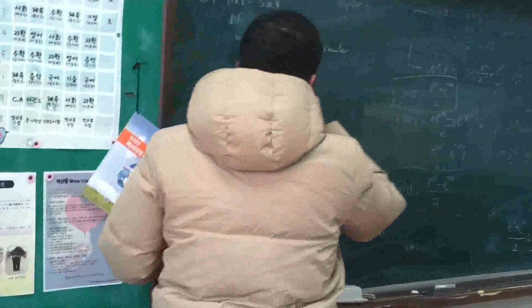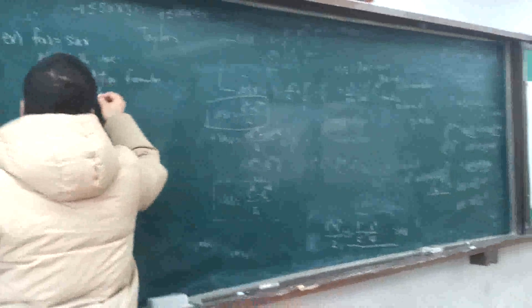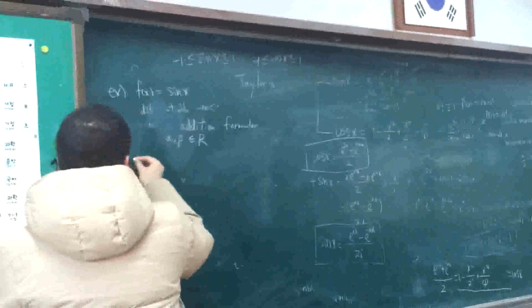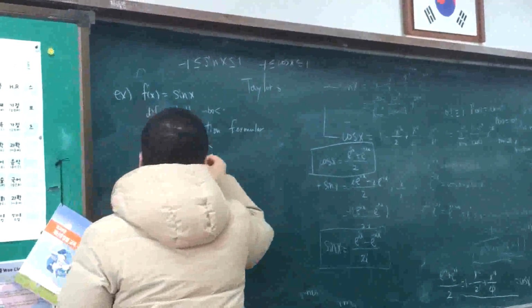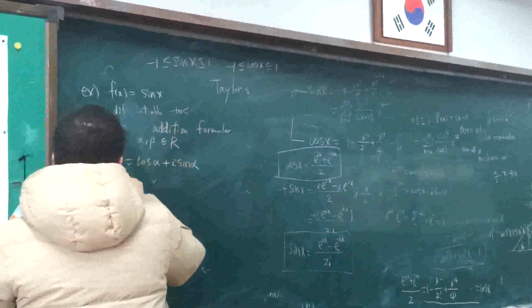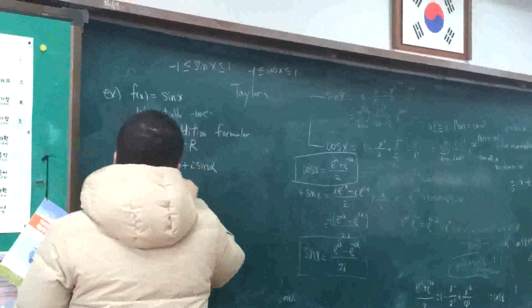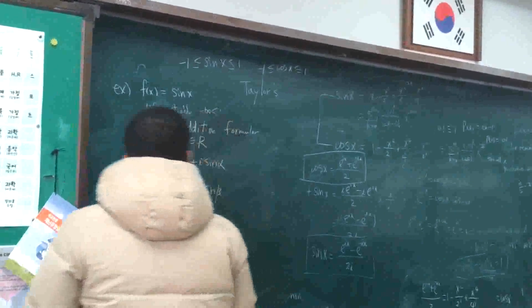Let's say alpha and beta are real numbers, and e^{i alpha} equals cos alpha plus i sin alpha, and e^{i beta} equals cos beta plus i sin beta.